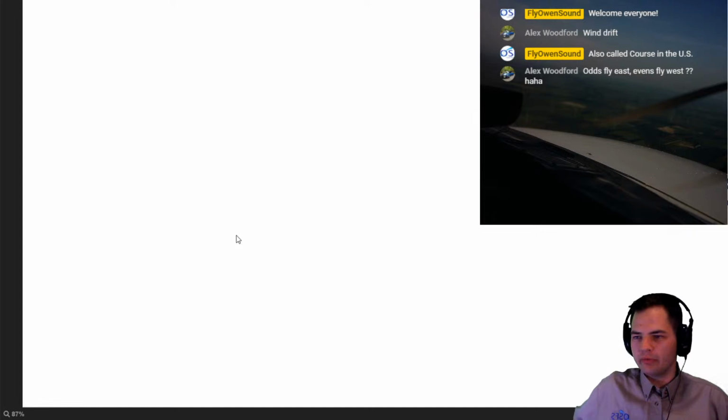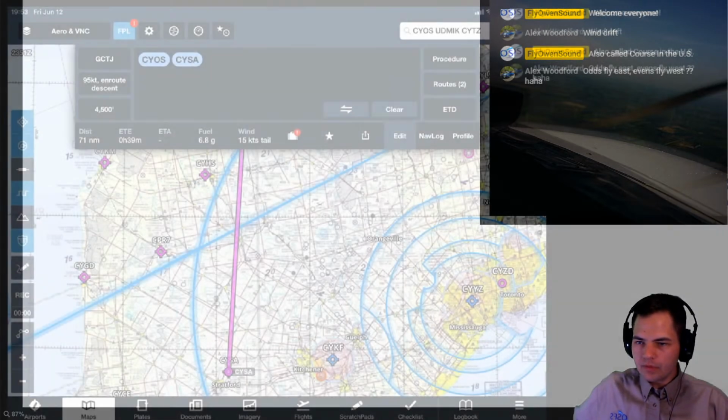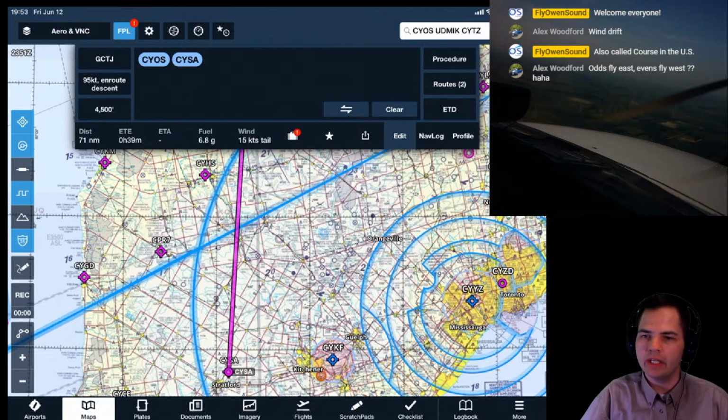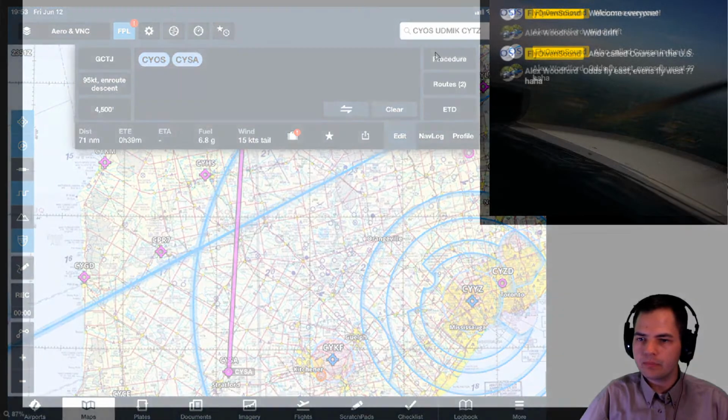I think we're going to have to be a couple thousand, like maybe a little bit over 1,000, maybe 2,000 or something like that. So that's my guess, but I could be completely wrong. So like I say, the distance there is about 70 miles. In this case, it's telling me 71 miles to go from Owen Sound to Stratford.